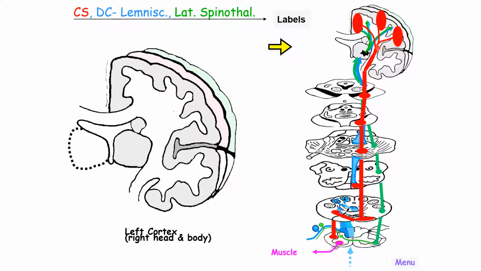So all three pathways can be dramatically, easily affected by lesions in the internal capsule. As the fibers leave the internal capsule going up to the cortex, they become dispersed in order to represent different parts of the body. So although they're very much congested in this area of the internal capsule, they're spread out over the cortex, where the leg is represented most medially, and the arm more laterally, and the head most laterally.